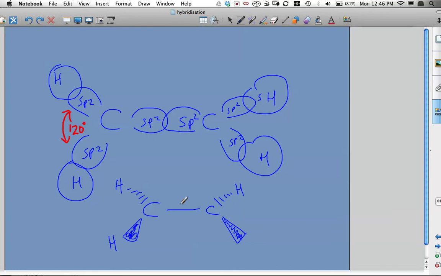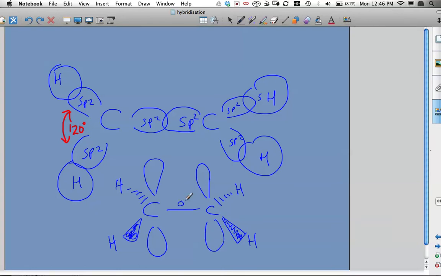Now this wedge is coming out of the board, or the TV screen, or your computer screen, and this one is going back into it, and this one is in the plane. Okay. I think I'll be able to show you a picture of that in a minute. But remember, we have still got the unhybridized p orbital. I'm going to put that up here.